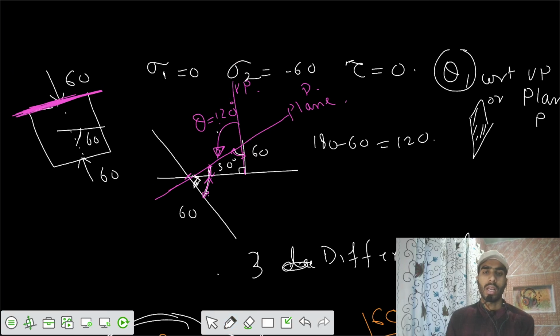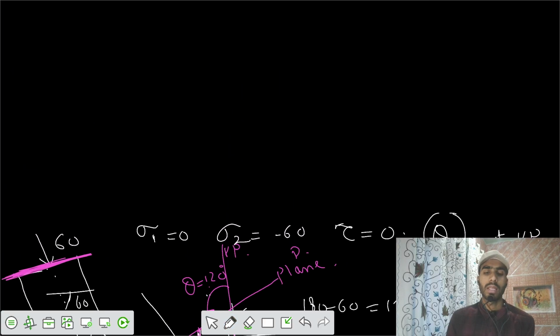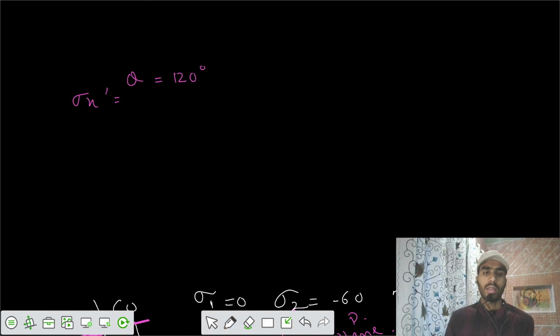So if we use the analytical method, we would say what is sigma x dash at theta equals 120 degrees. But this derivation was performed when the plane was already known, that this is plane P and this is plane Q. On that, some sigma x is acting, sigma y is acting, and some tau is also acting.